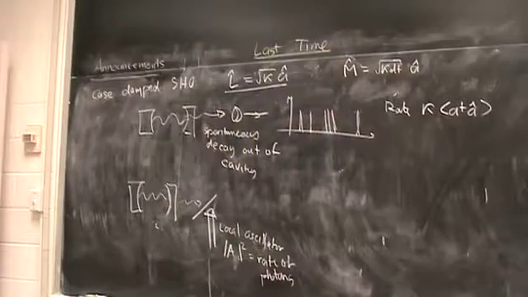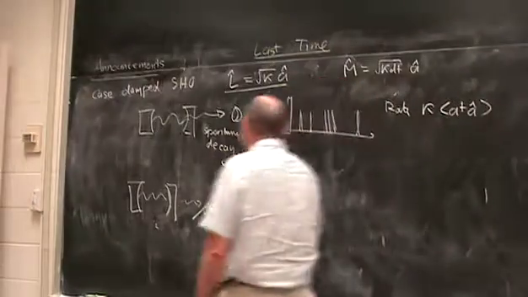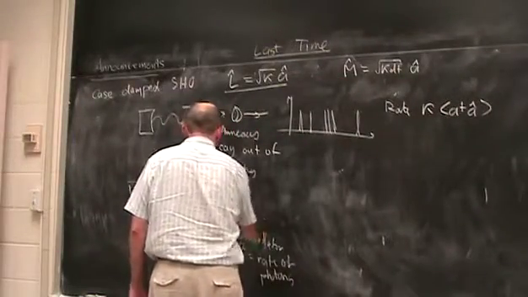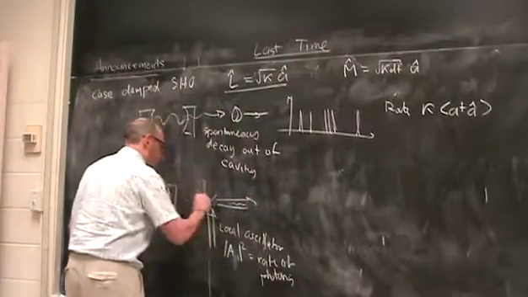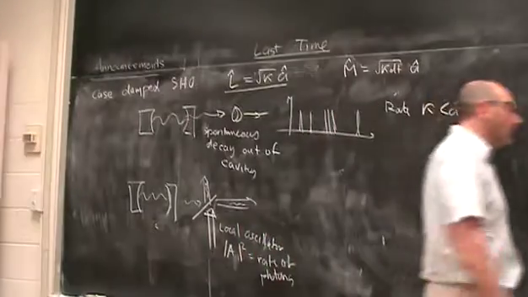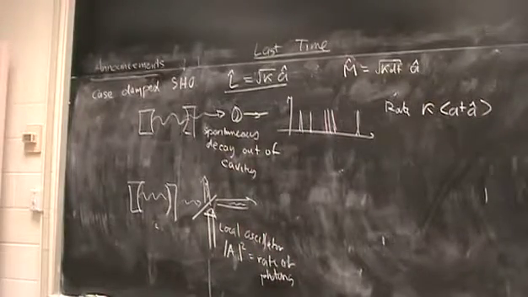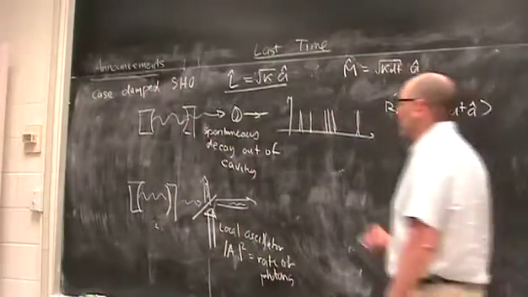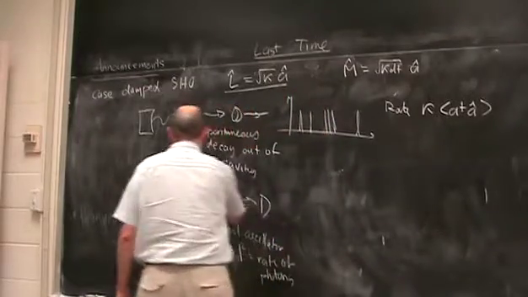And then we will get some kind of interference between the local oscillator and the spontaneously emitted photon, which we then can detect.